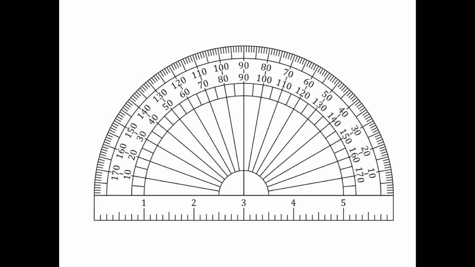This is a good point to quickly go over our protractor again, just to remind you that when you are measuring angles, you need to place the vertex of your angle right here at the fulcrum point. Be very, very careful, because if it's not correctly put there, it won't actually give you the correct angle.